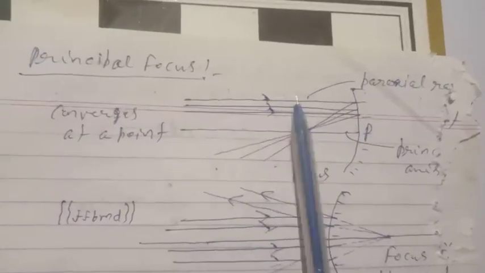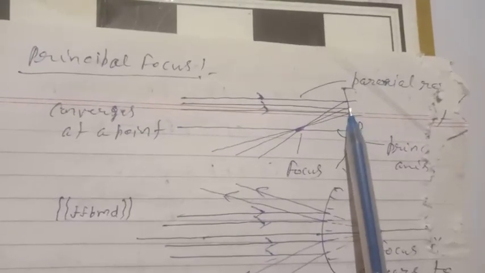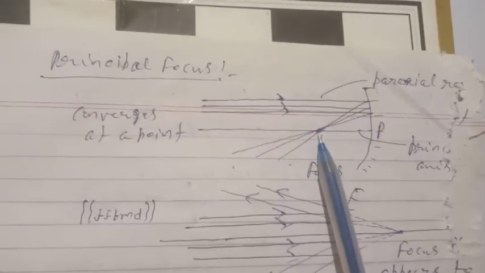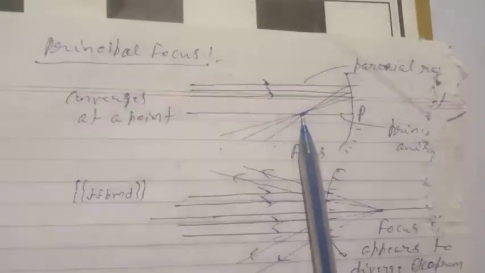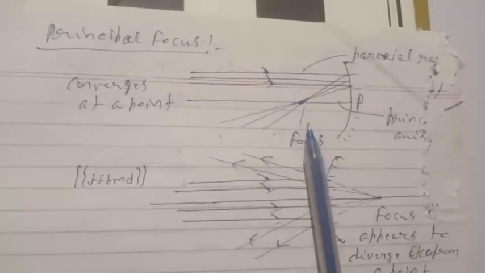Now, if a ray comes parallel, this is the parallel ray, after striking the mirror it passes through a point, and that point is called the principal focus of the mirror. All these parallel rays converge at a point, and that converging point is called the principal focus or focus of the mirror.